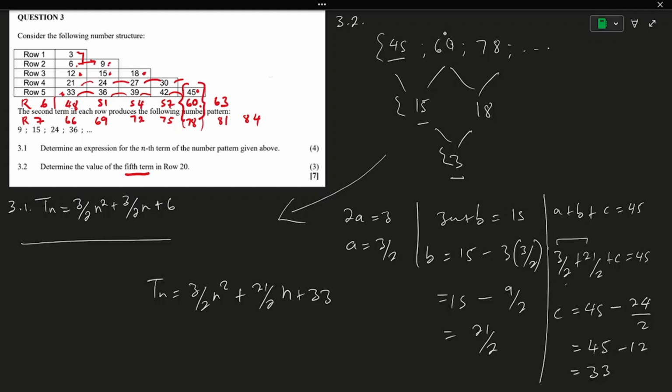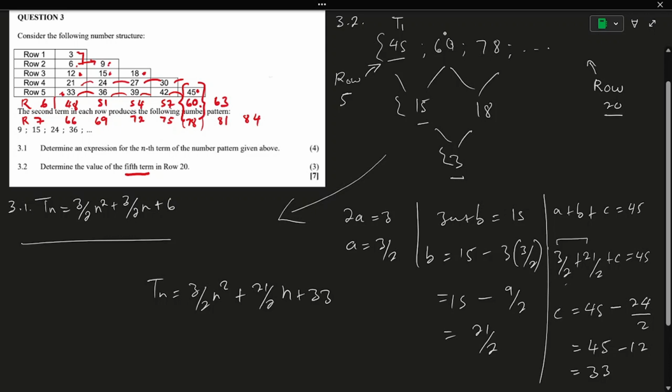So now let's think about it. 45 is our first term, but in terms of rows, it was in row 5, right? And we are looking for the term that's in row 20. So 45 was the first term in row 5, and we are now looking for the term that is in row 20.